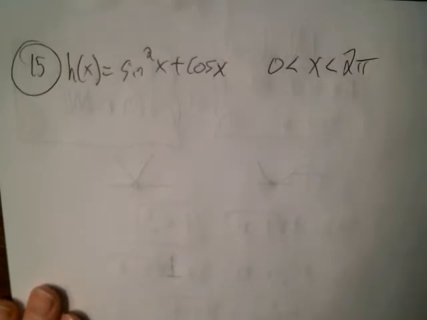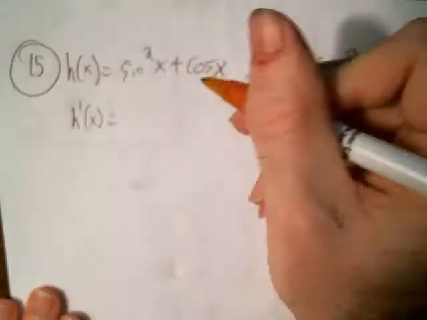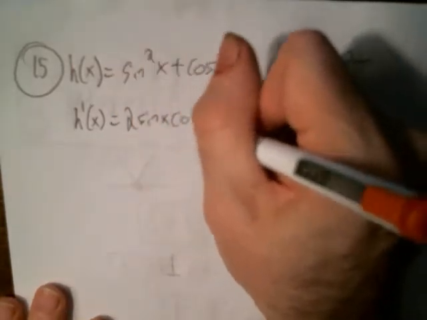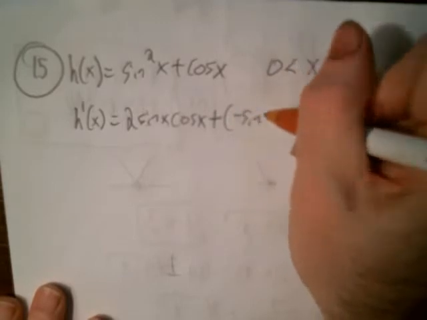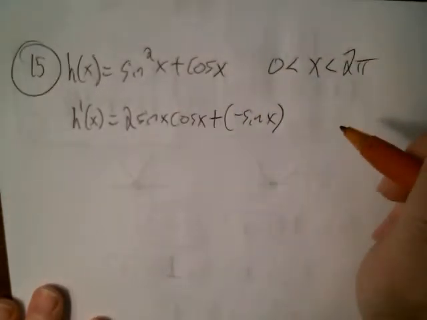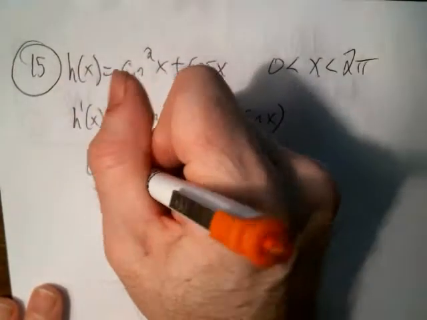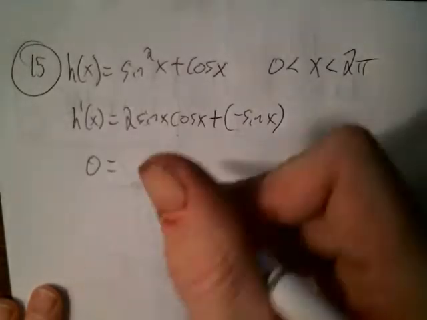So again, you're taking the derivative. h prime of x is equal to 2 sine x times the derivative of sine x, which is cosine x, plus the derivative of cosine x, which is negative sine x. Okay. Find the critical numbers. We set it equal to 0. There's no undefined places here. This thing is continuous everywhere.